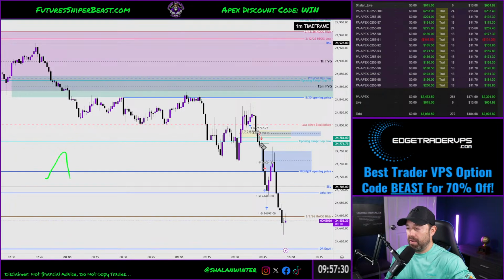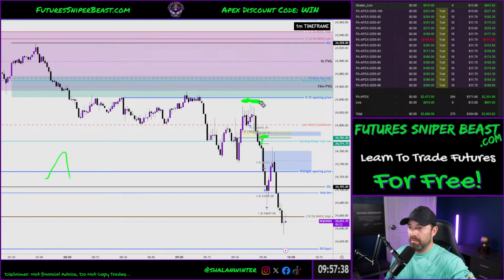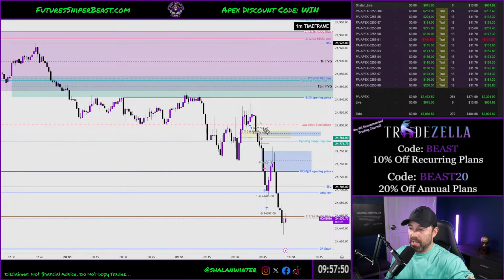Like here, if I shorted where I shorted, my stop would be up here. Normally my stop should be up here at the swing high and give this allowable space to trade before displacing lower. But I can't do that if I don't lower my contracts, or if I'm just going based on the 15-second chart, then I wouldn't have my stop up there.